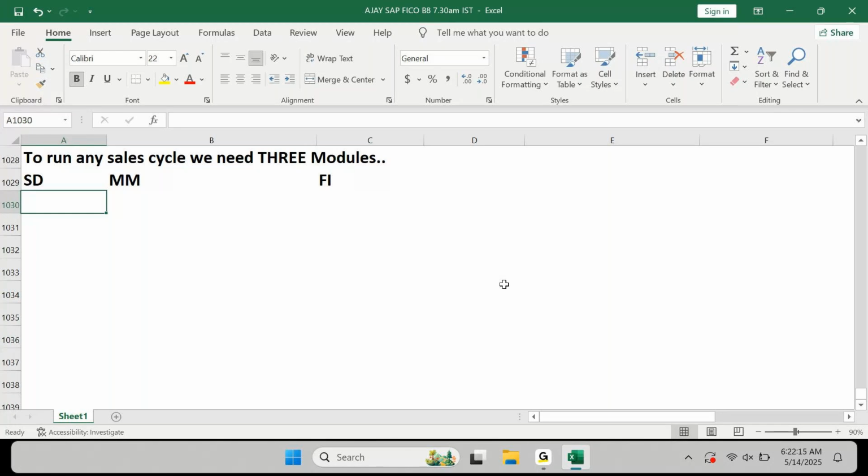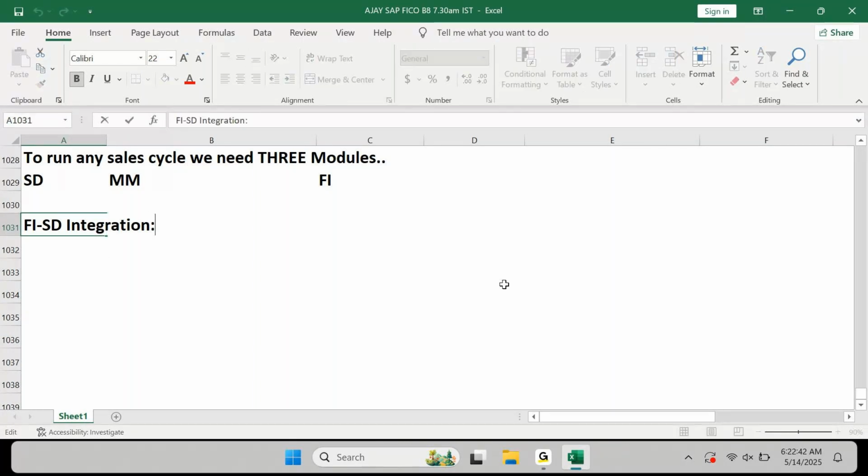Now, why are these 3 things coming? Because it is an integrated sale, not a direct sale. This is all an integrated sale. So we have a topic called FI SD integration. In short, you also call it by which cycle?